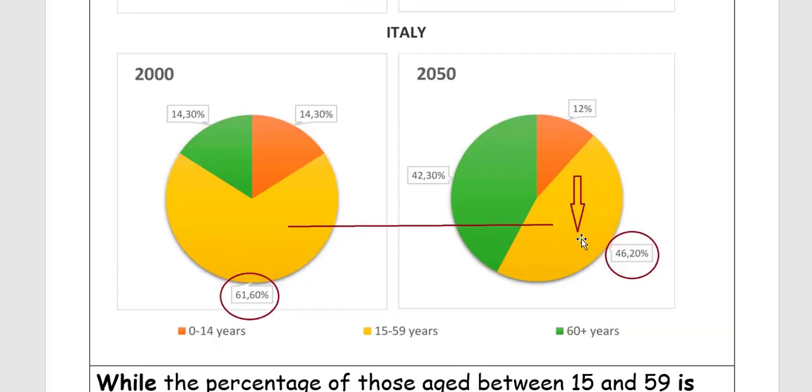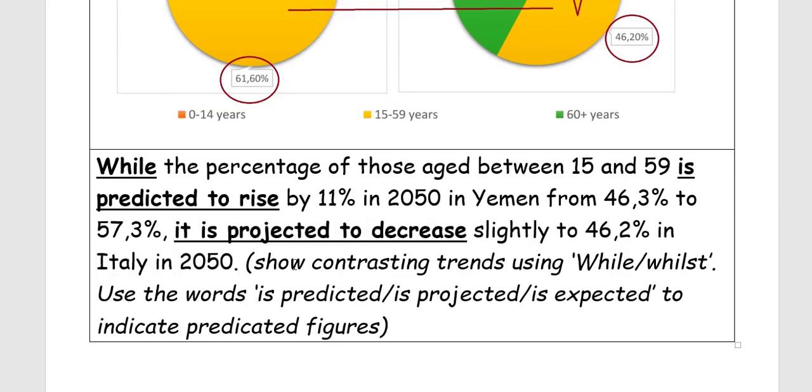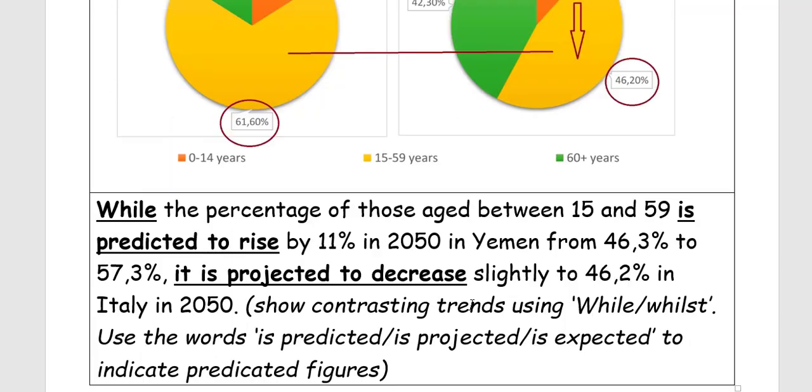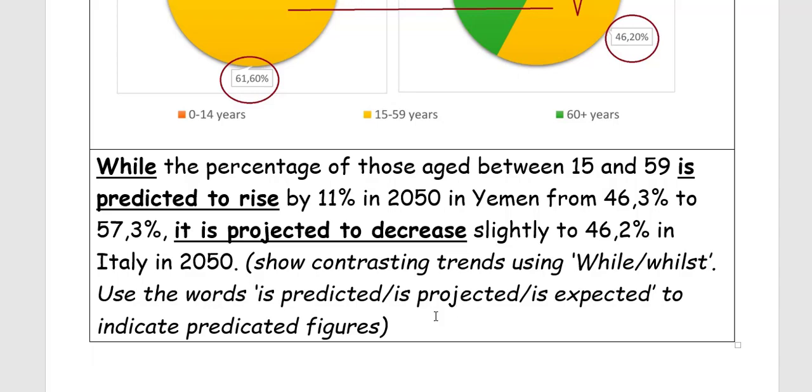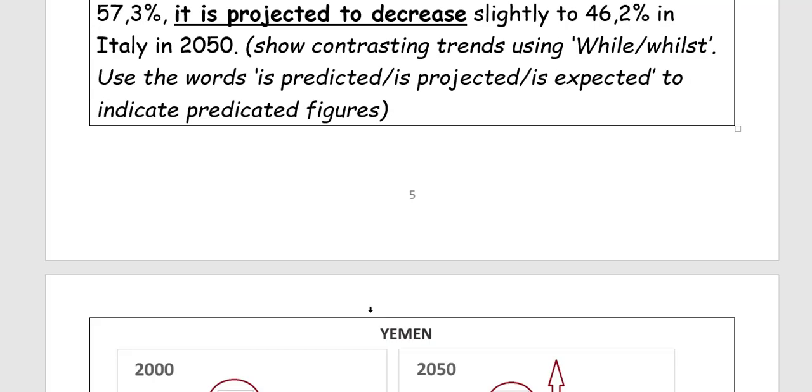So we can see that it's likely to decrease. So show contrasting trends using while or whilst. Use the words is predicted, is projected, is expected to indicate predicted figures, the figures that are likely to happen in the future. All right, let's move on.